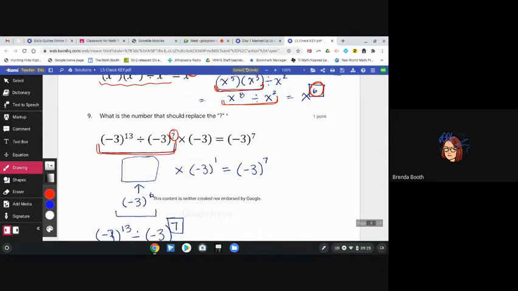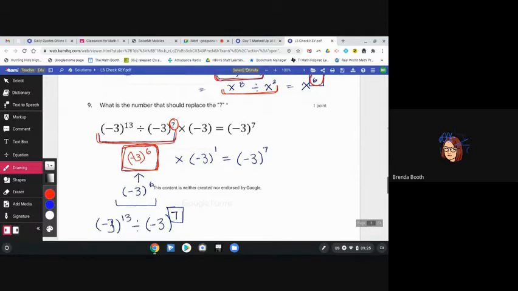So I said, okay, whatever that is, when I multiply it with a -3 to the 1, that gives me -3 to the 7. So what I figured out was what needed to be in that box is a -3. Whoops, -3 to the 6 is what would make that equation work.